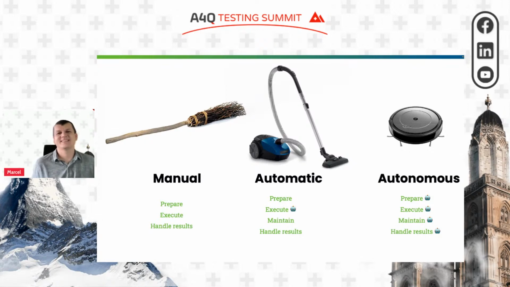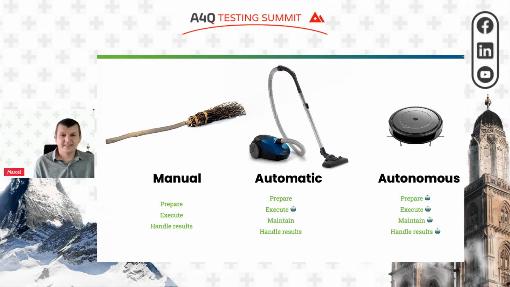If you are talking about testing, that's maybe confusing, because that's about cleaning, and now I'm talking about testing. So when we are talking about autonomous testing, we are focused on reducing all our efforts, not only in test execution, but also in preparation, in test analysis, in test design, in test building, but also later in maintenance, and also handling results.